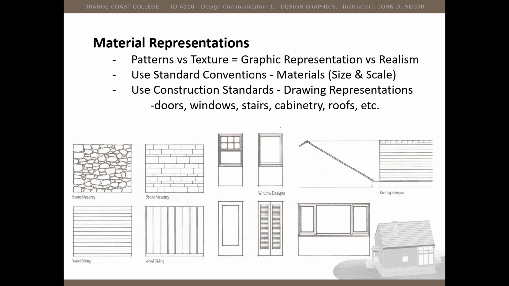Another important part about exterior elevations is that they give us a chance to do some material representations. This is an opportunity of taking something that is very representative and nudging it into the realm of realism, so that the viewer can understand a bit more than the general aspects of design.